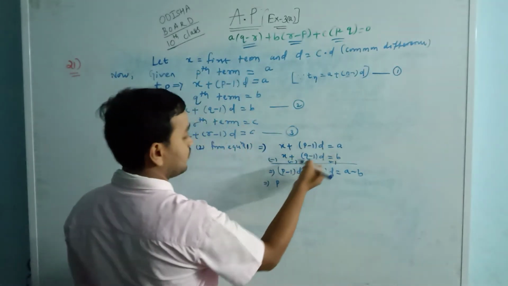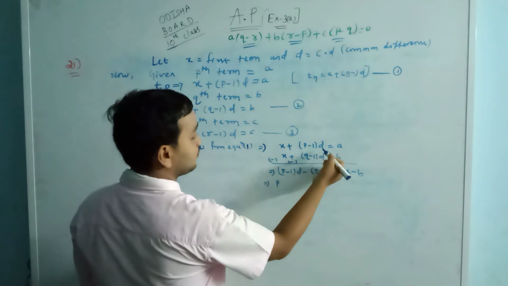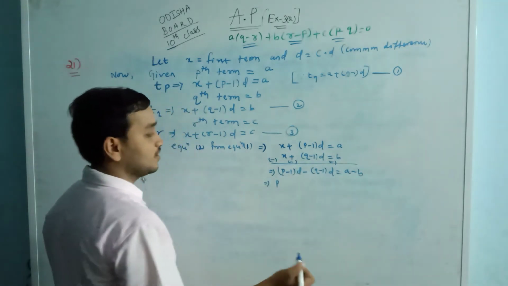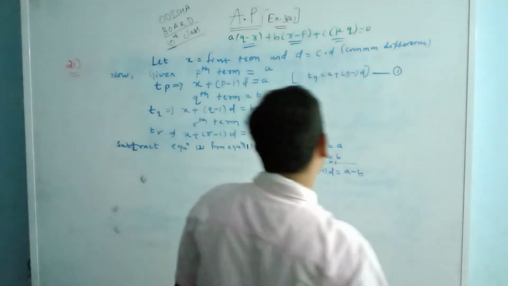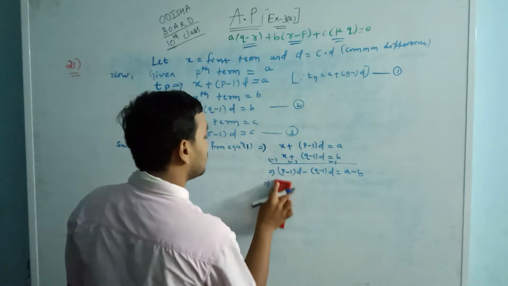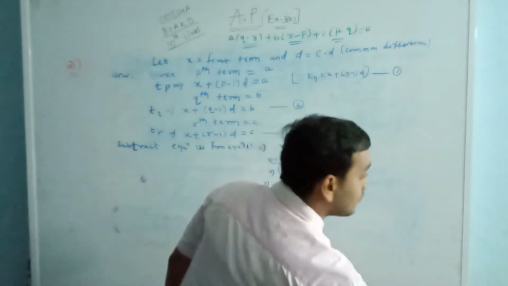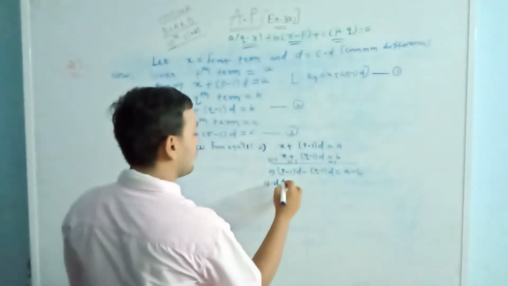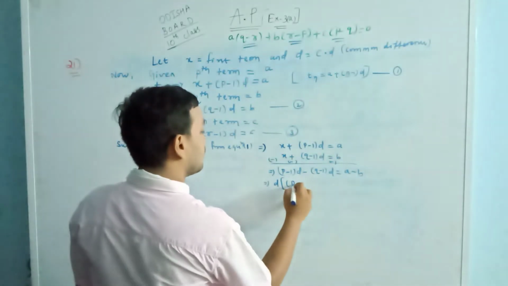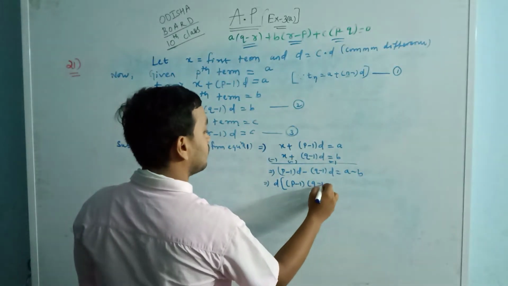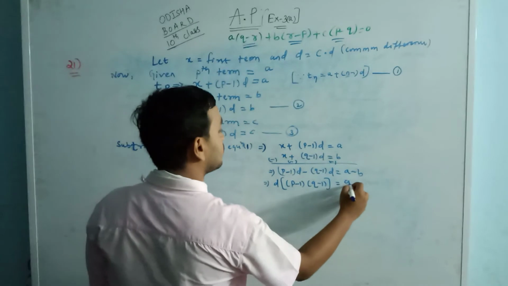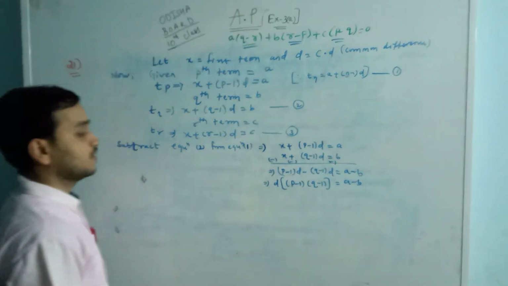Take d as common. If we take d common, then (p minus 1) minus (q minus 1) is equal to a minus b.